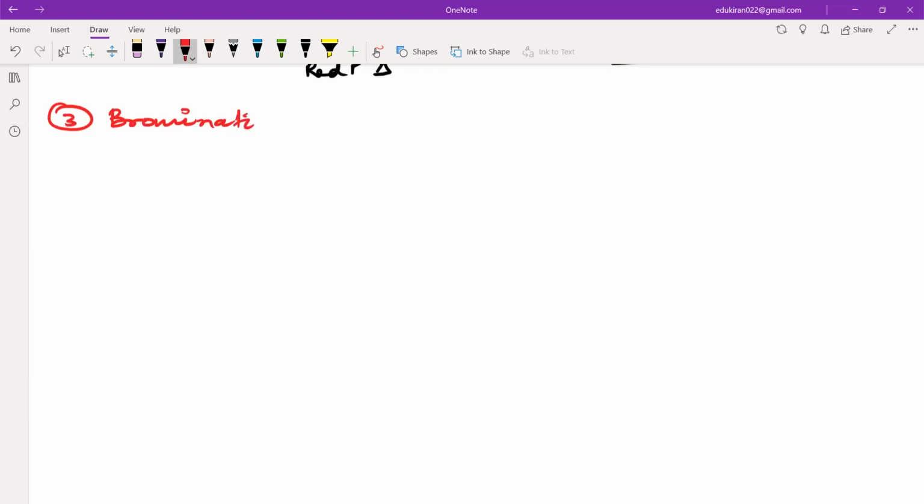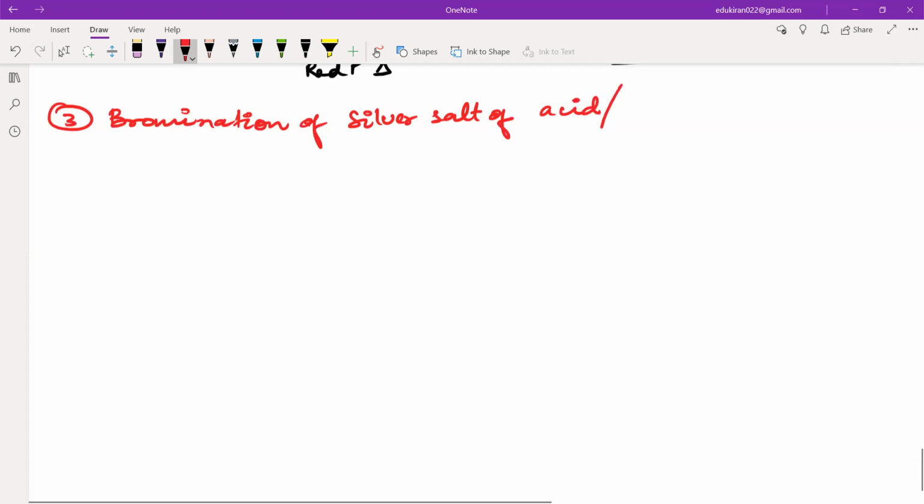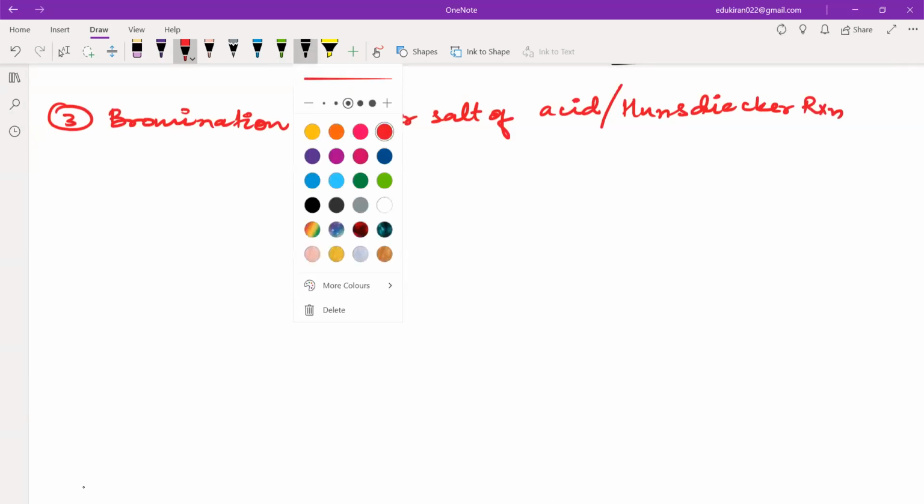Bromination of silver salt of acids, that means carboxylic acid. This also has a name, that is the Hunsdiecker reaction.